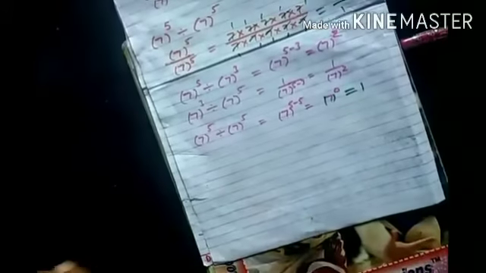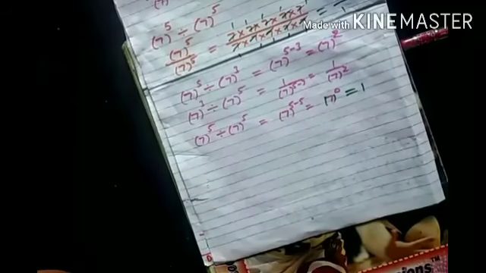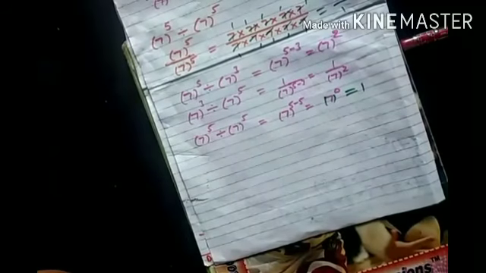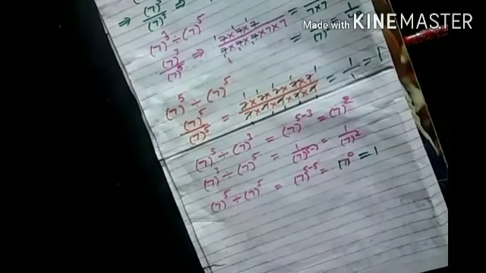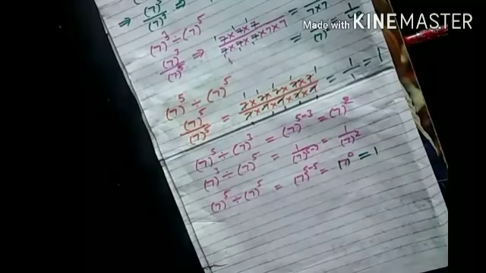So this was the second rule of exponents, that if we divide two exponents having the same base, then we subtract their powers. And also we come to know that if the power is 0 in any exponential form, then it is equal to 1. Clear? That's it.